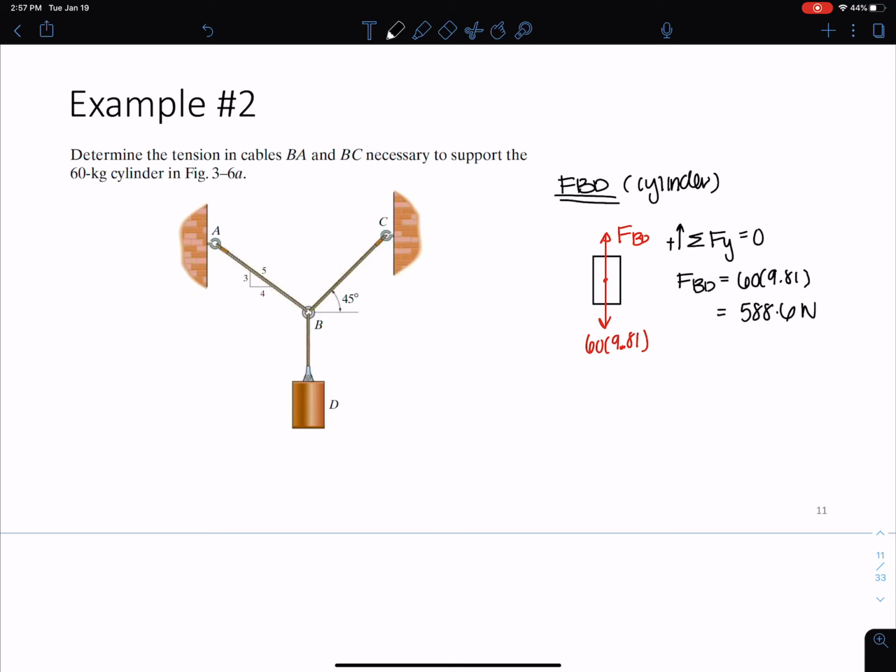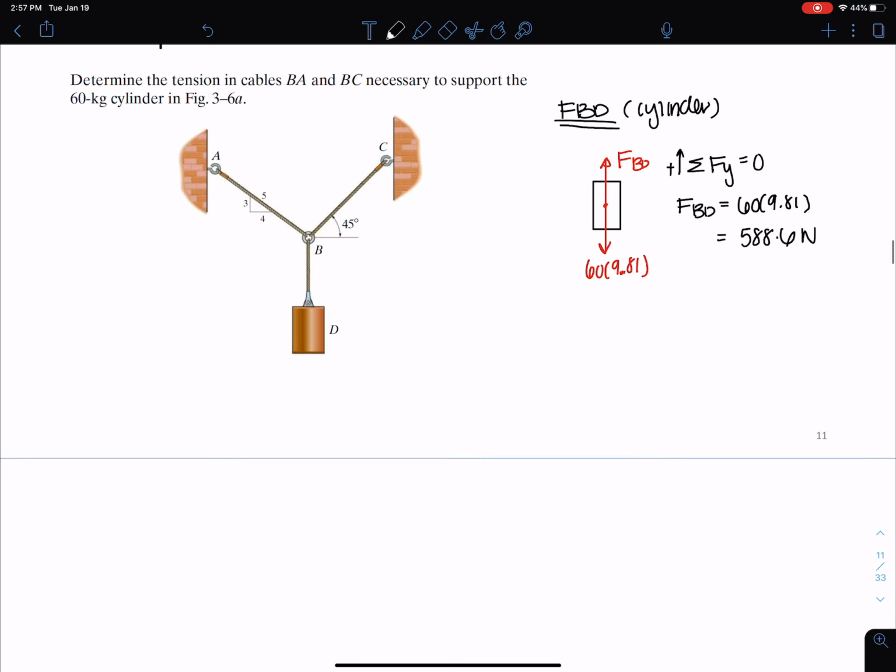Okay. It's pretty simple. Now I'm going to move on, and I'm going to draw the FBD at point B. Here I'm going to draw my force FBD, which is 588.6.